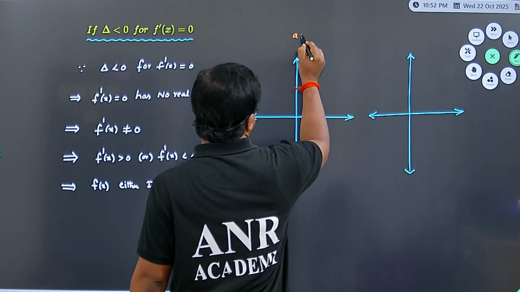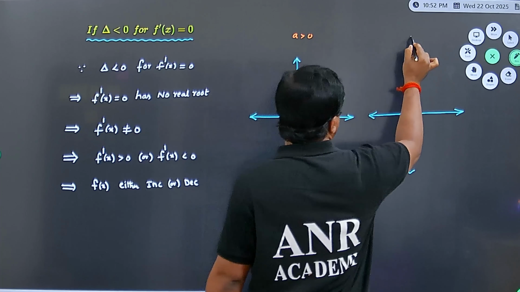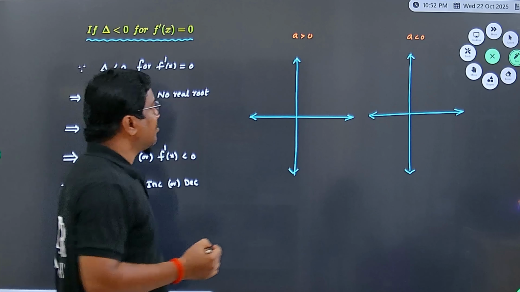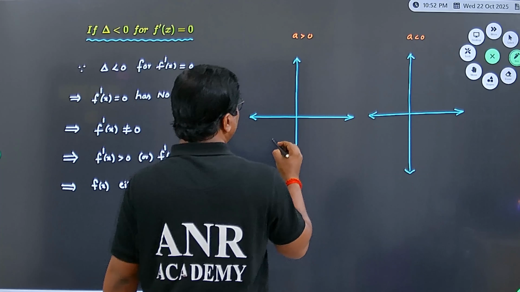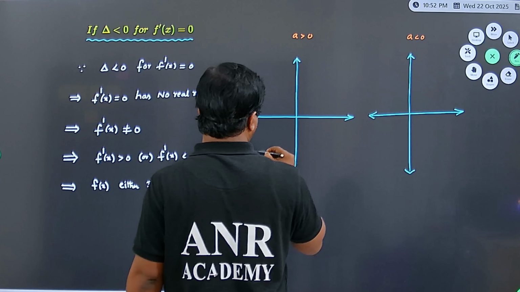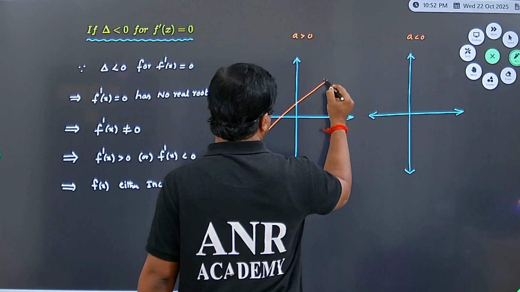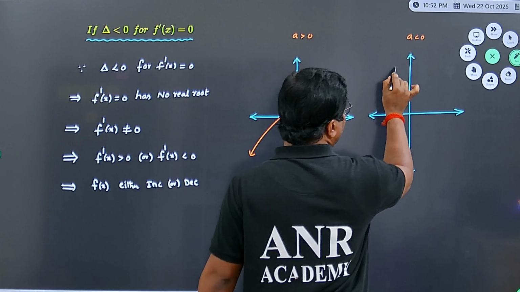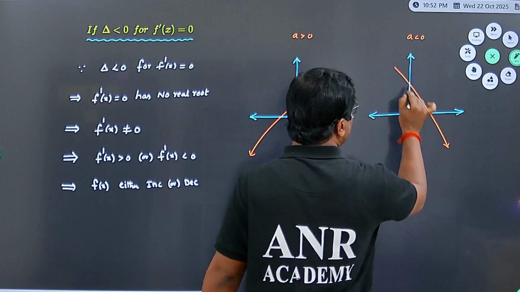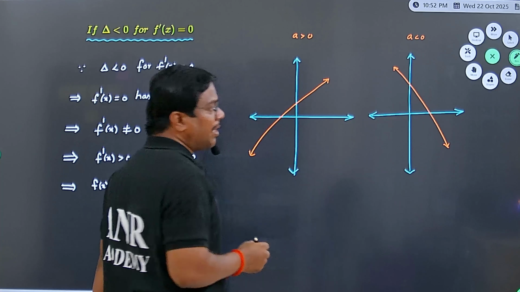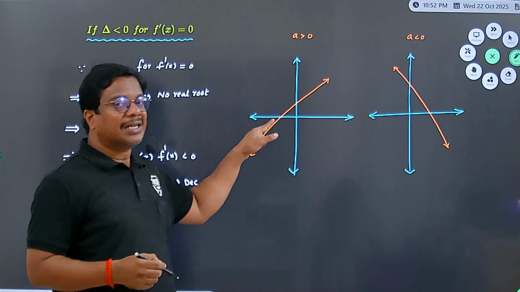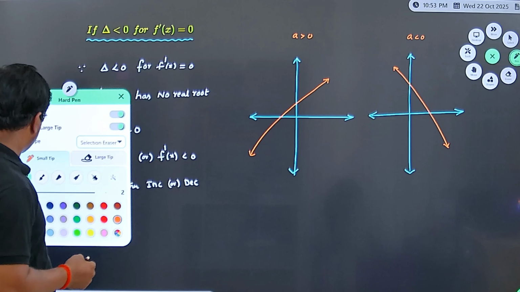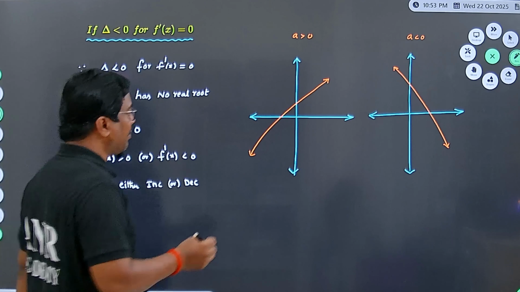Suppose a value is more than 0. Second case, a value is less than 0. When a is more than 0, we get an increasing graph in this way. When a is less than 0, you will get a decreasing graph. Here, the function crosses the x-axis at only one point, which implies it has only one real root, remember.